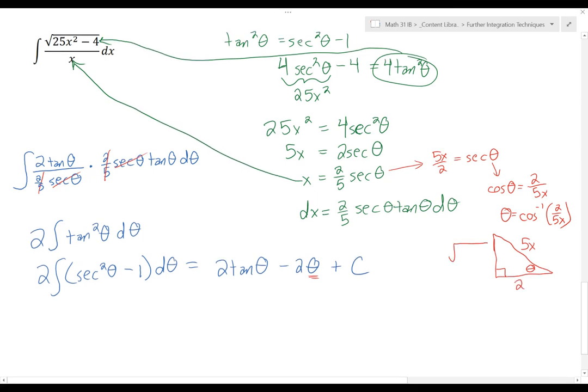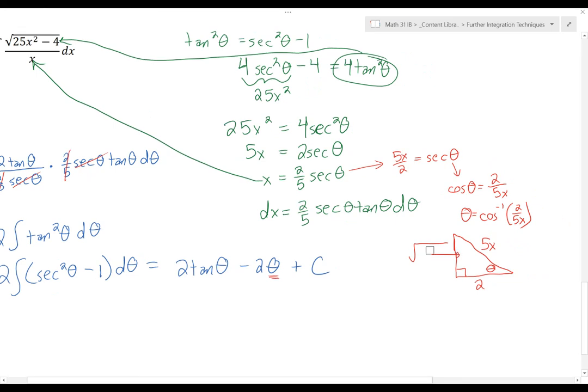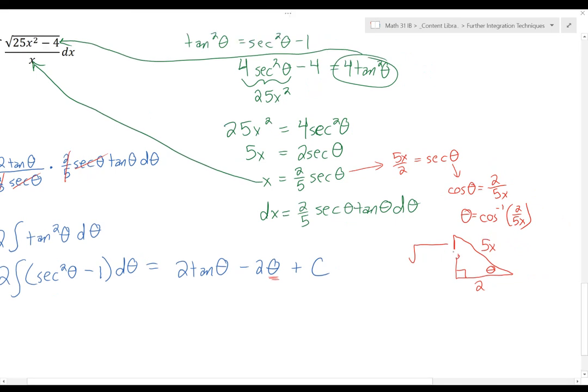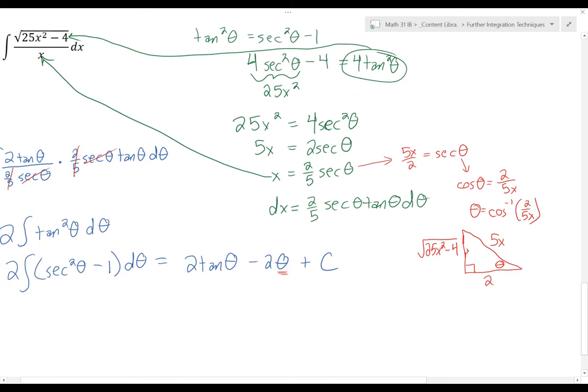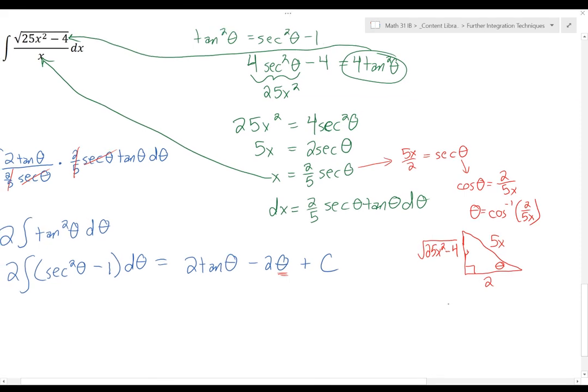The opposite side, therefore, has to be the square root of 25x squared minus 4, which, hey, no big surprise there. We end up with our original radical. So then the tangent of theta, well, opposite over adjacent, so square root of 25x squared minus 4 all over 2.